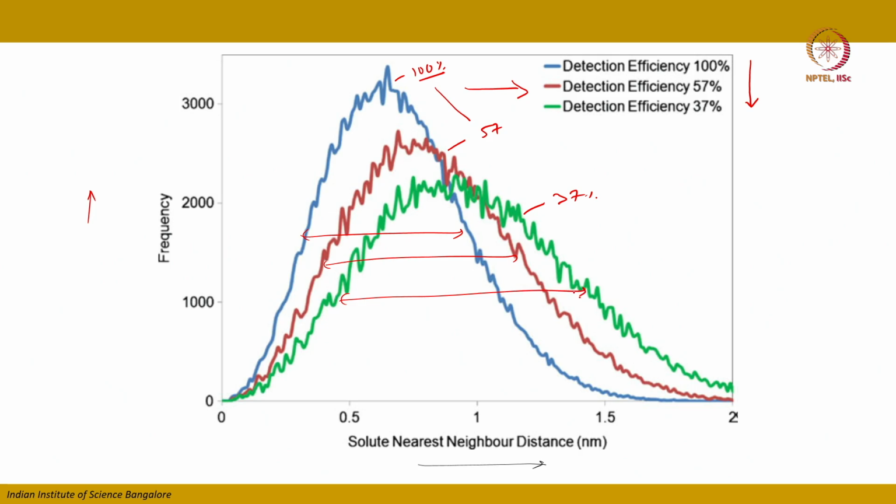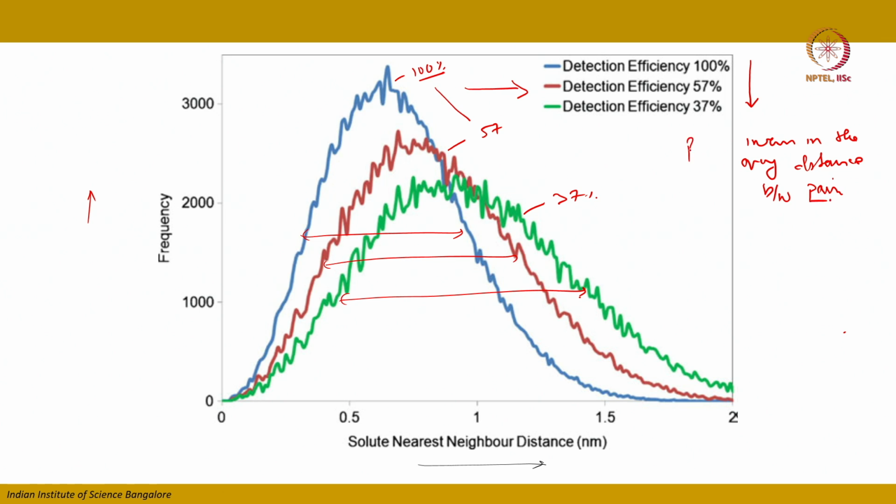The peak shift is due to the increase in the average distance between pairs.